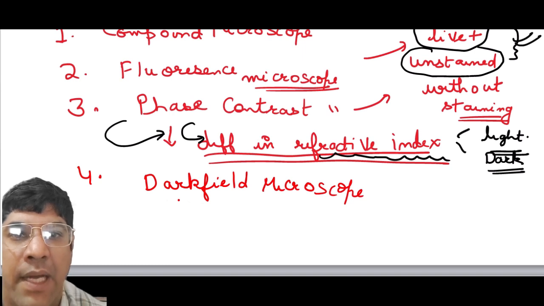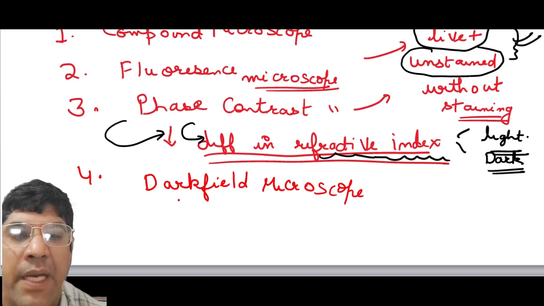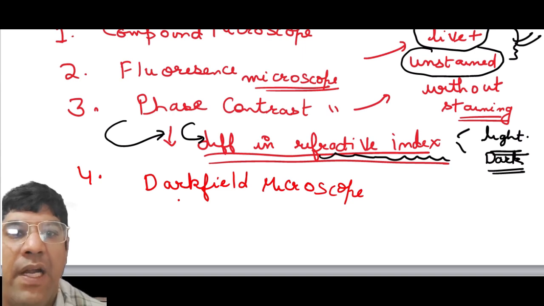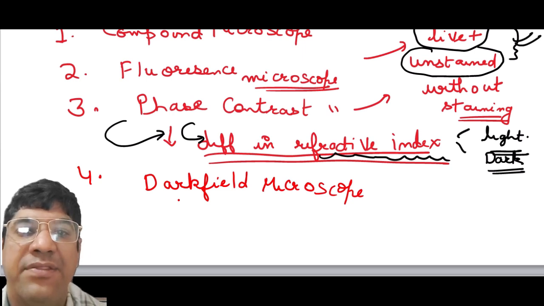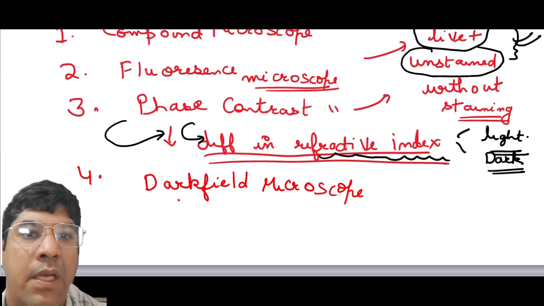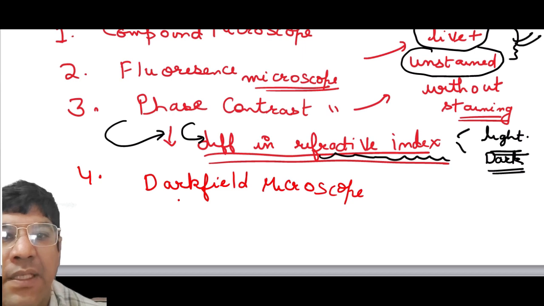That provides excellent contrast by illuminating the specimen against the dark background. So the dark field microscopy is an optical technique used to enhance the contrast in microscopy, making it particularly useful for visualizing the objects that are difficult to see under the standard bright field illumination.